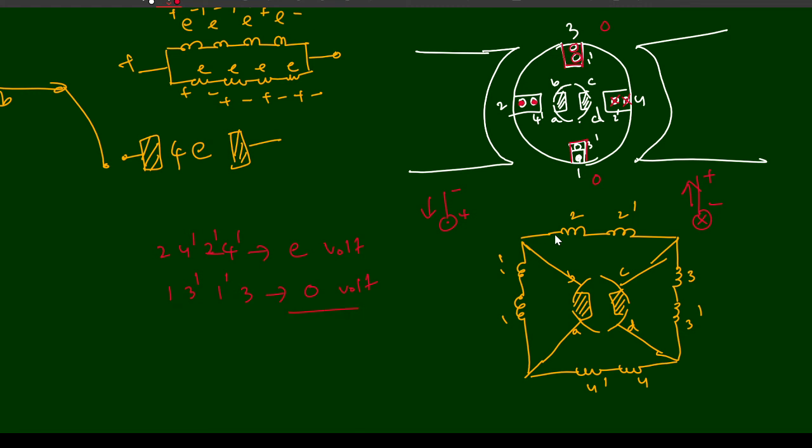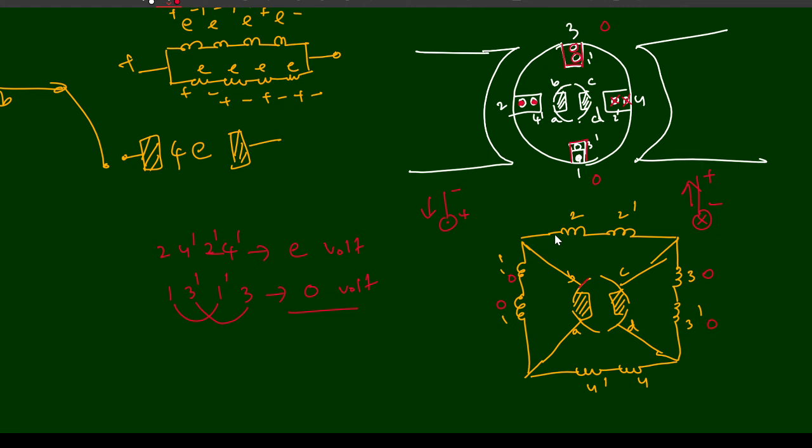So in conductors 1 prime the induced voltage is 0, and similarly in conductors 3 prime the induced voltage is 0.